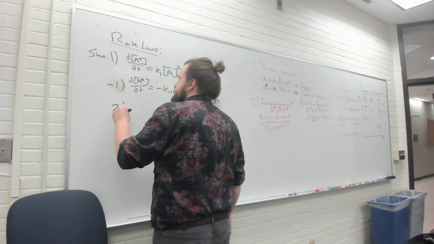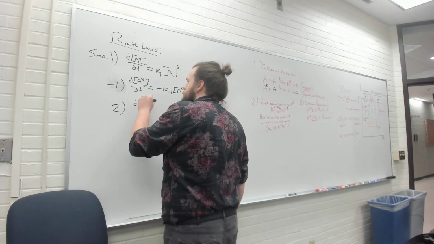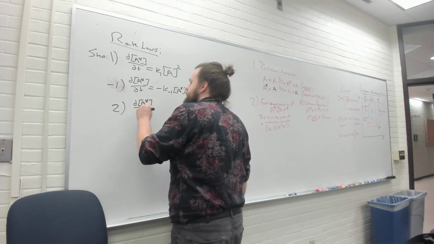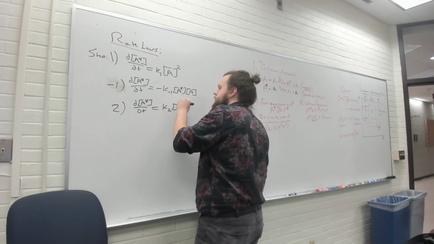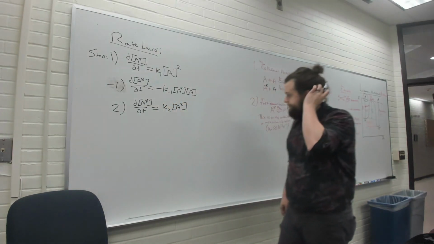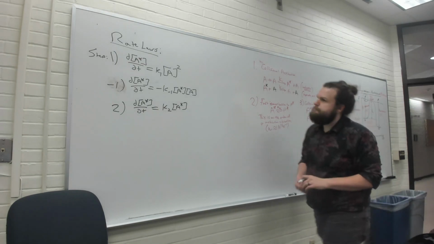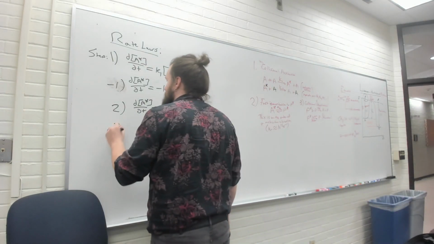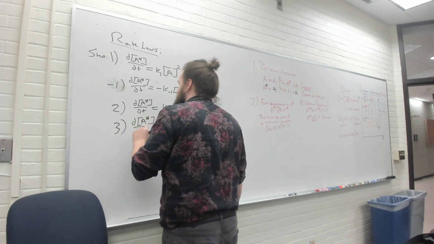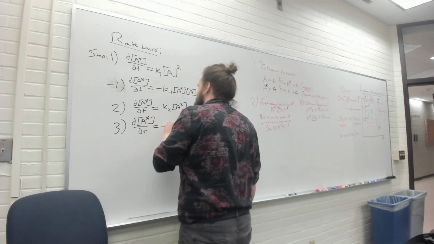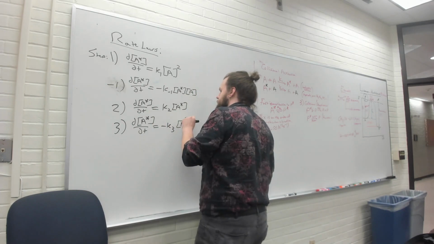Step 2 is just really easy. It's just a first order reaction. It's going to be K2 times A star. And then the final rate is equal to minus K3 A star.